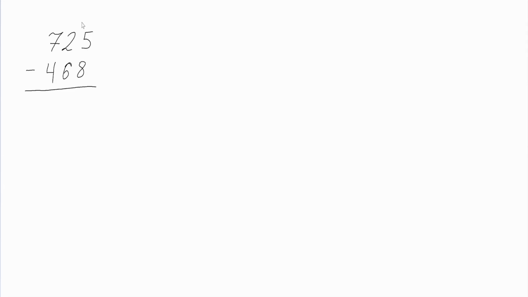Now let's return to the example we did in the beginning. 725 minus 468. First we round 468 to 500 and subtract 500 from 725 and we get 225. Now we need to add the extra stuff we subtracted back.